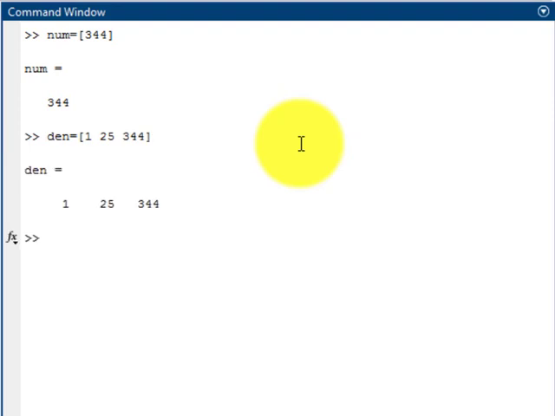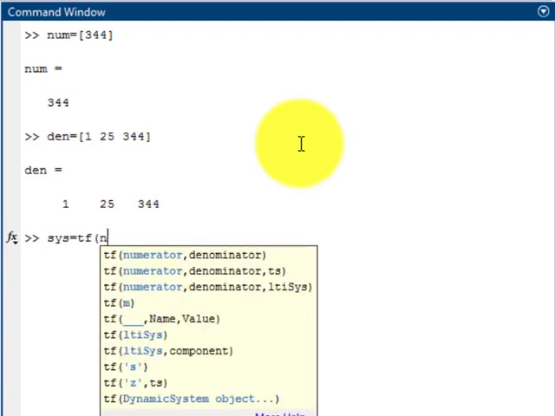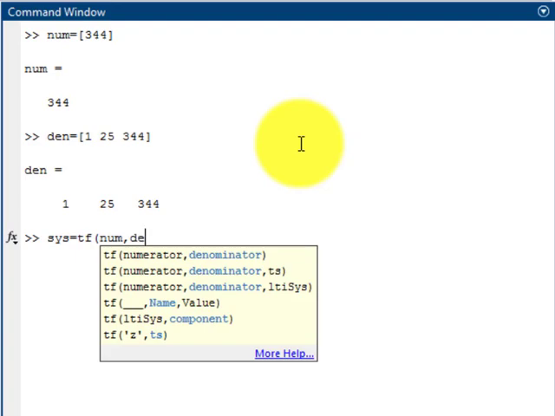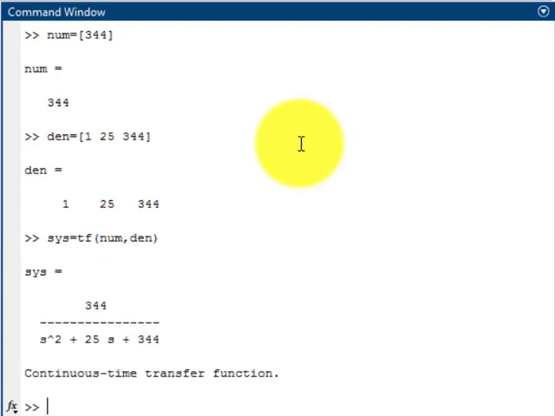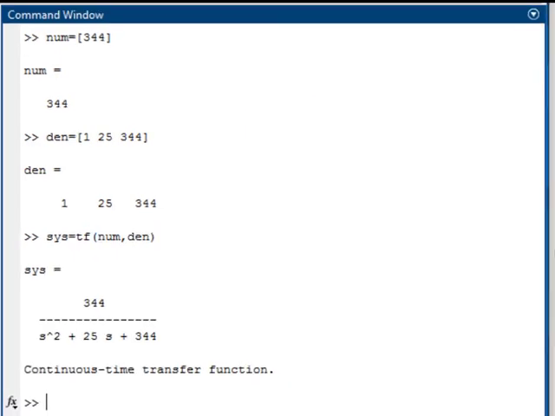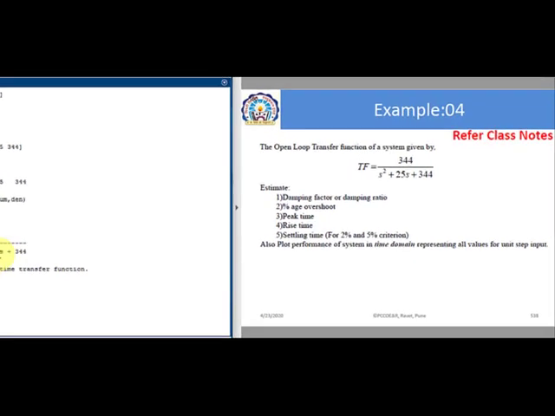So this is how we have defined the numerator and denominator. Now let us have sys as a system variable, and by using the tf transfer function command we will get the transfer function between numerator and denominator. You can cross check that this transfer function and this transfer function are the same.